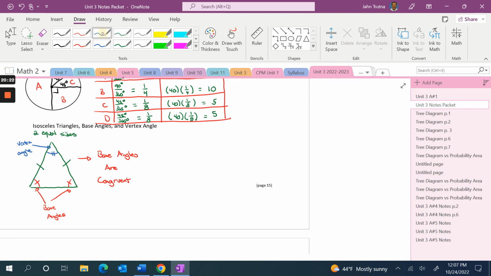And what you could do is use this to help you solve certain problems involving angles with isosceles triangles. So I'm going to give you two different situations where we're going to find missing angles of an isosceles triangle. In the first one, we're going to make it very straightforward.